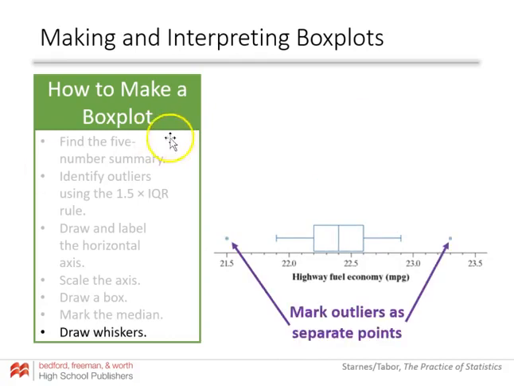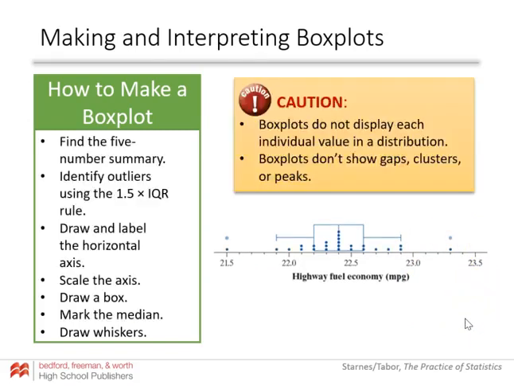Okay, so we had our outliers of 21.5 and 23.4, I think they were, or 23.3. Okay, those are our outliers. The next lowest data point is going to be my new min. The next highest data point is going to be my new max. Okay, so we're always going to label outliers separately, either with a little asterisk or a dot in any box plot that we make. Okay, and that is going to be it for 1.3.